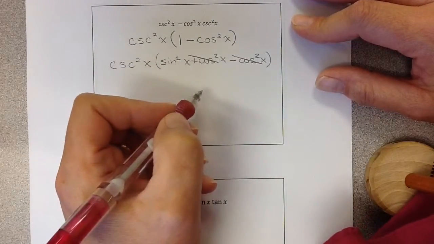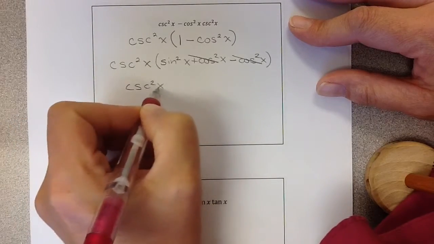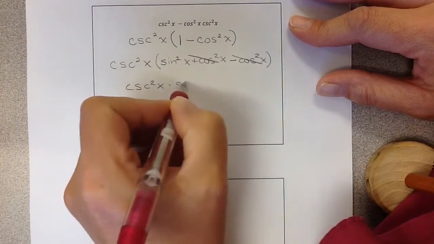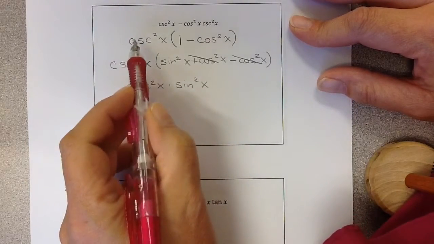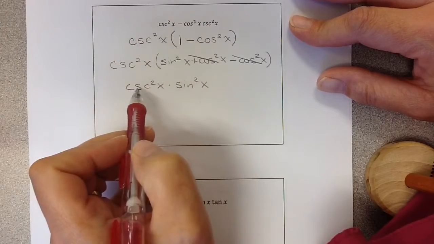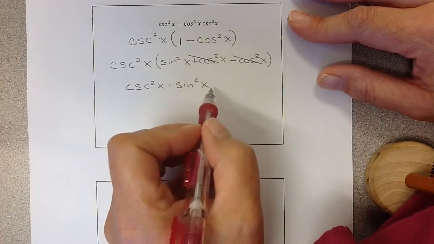And the cosine squareds will add up to 0. That's going to leave a cosecant squared x times sine squared x. And again, if you can get from the first step to the third step in a single step because you already know that little shortcut, that's great.